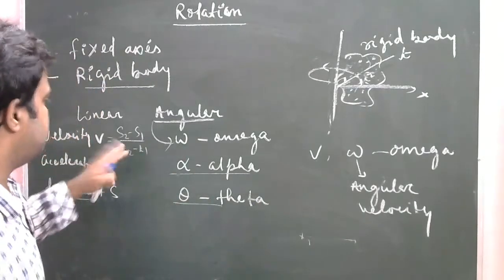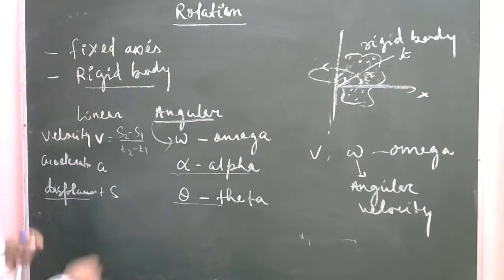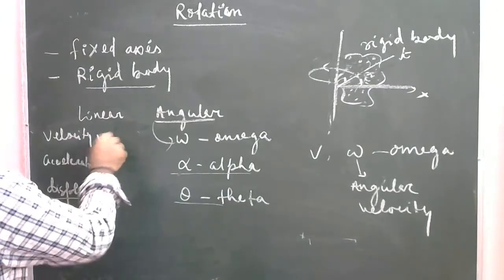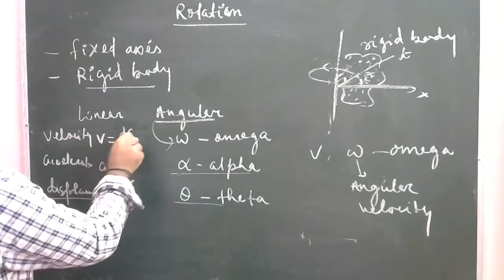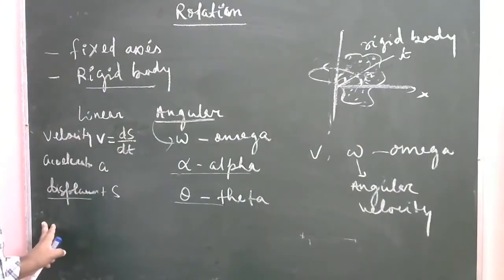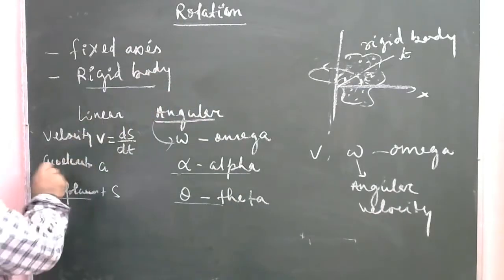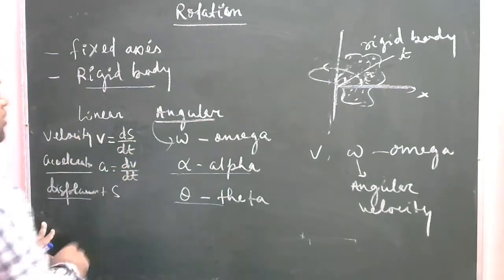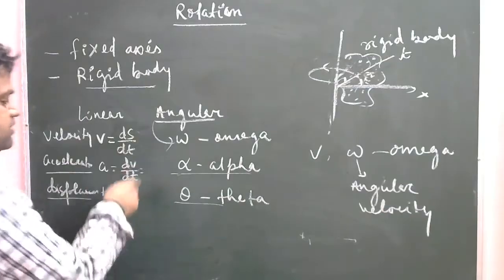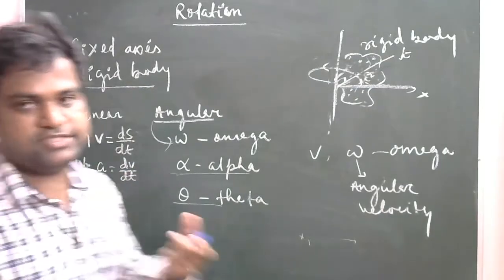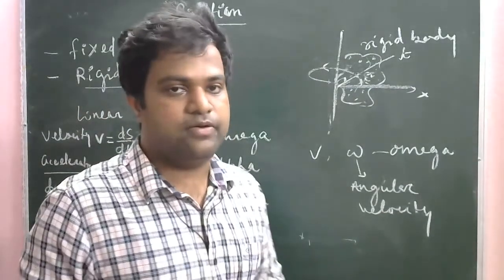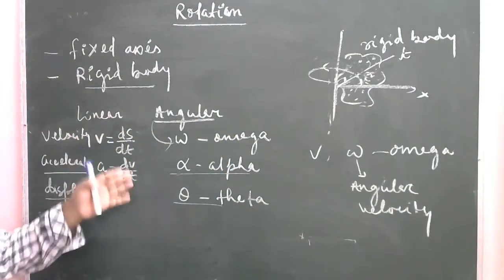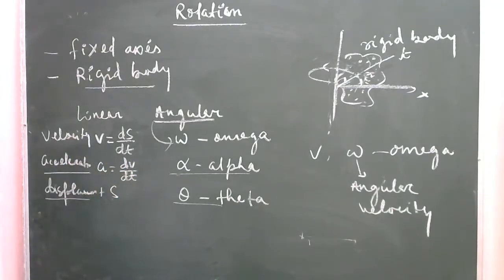Or, more precisely, for instantaneous velocity, you write ds by dt. Similarly, for acceleration we write dv by dt for instantaneous acceleration, or v2 minus v1 upon t2 minus t1, the change in velocity upon change in time. The rate of change of velocity is your acceleration, so we use dv upon dt for instantaneous acceleration.